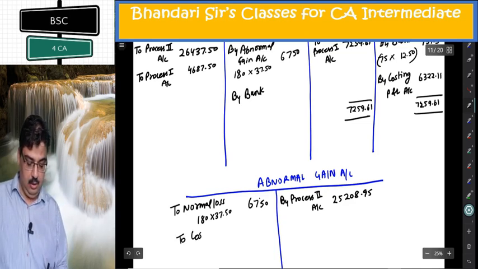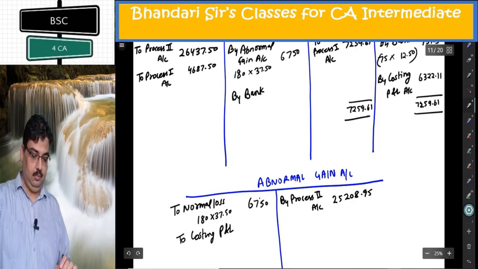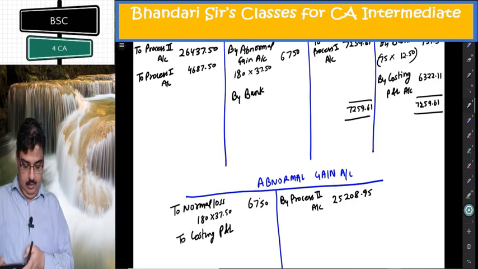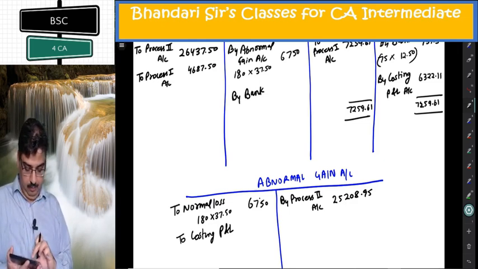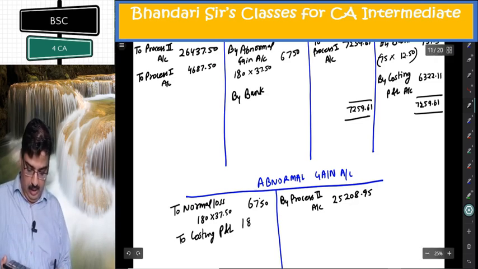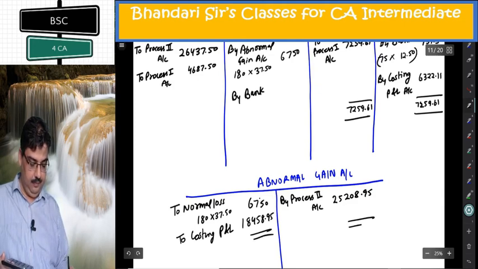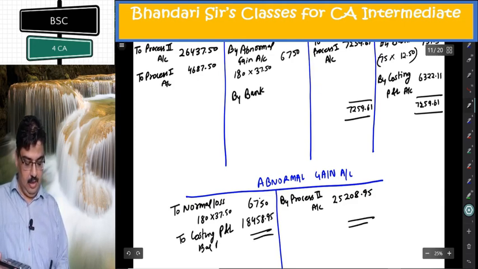Abnormals are to costing P&L. So what I am getting, this minus 25208.95. I am getting 18458.95. This is balancing figure.